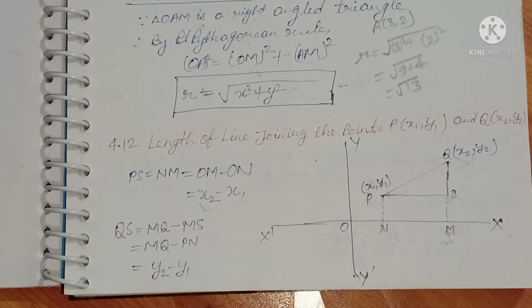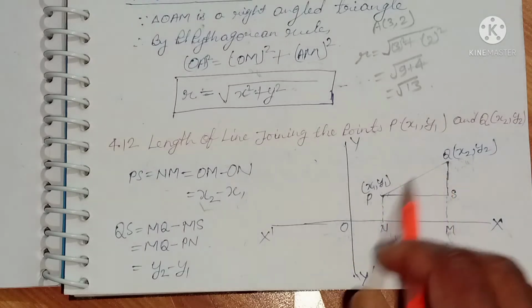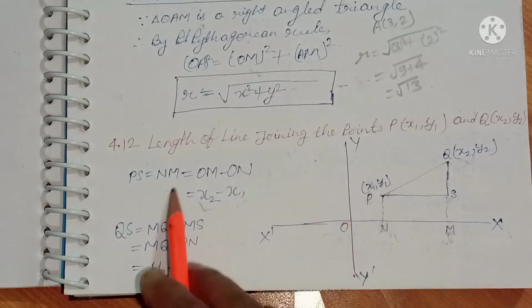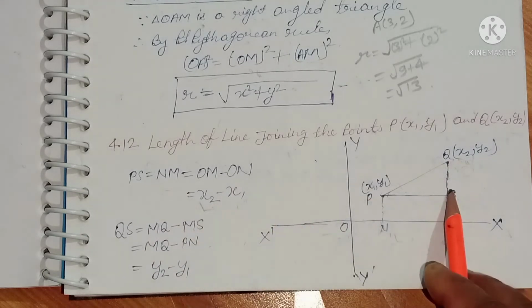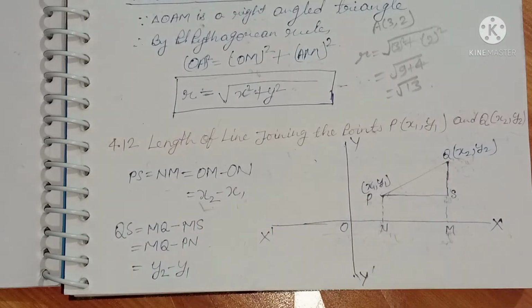In the same way for QS, this is for the vertical side, along the y-axis. We have to find the sides of this right angle triangle. PS we got from here, and now the second side, the perpendicular, is QS.